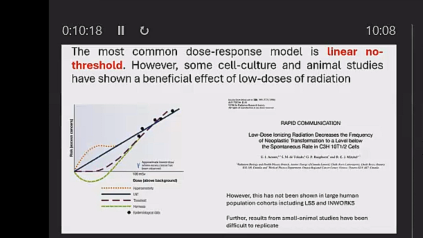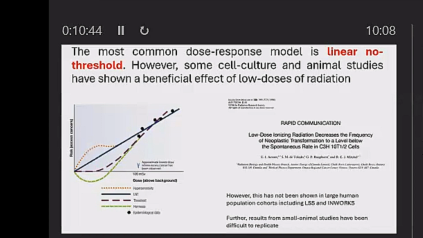There is some limited in vitro cell culture work where they're showing hormesis. Some of you have heard about that, where a little bit of radiation is actually beneficial. But this has only been demonstrated in cell culture work and controversially in mice and rat work.